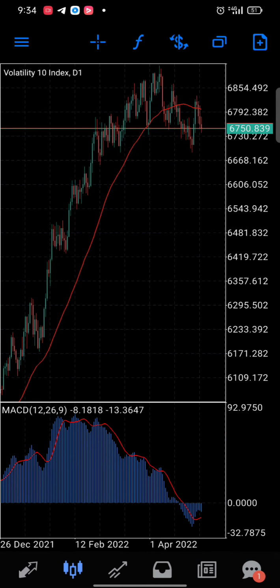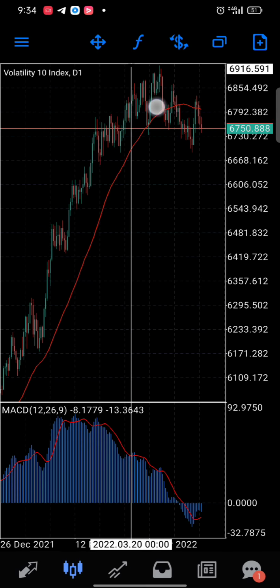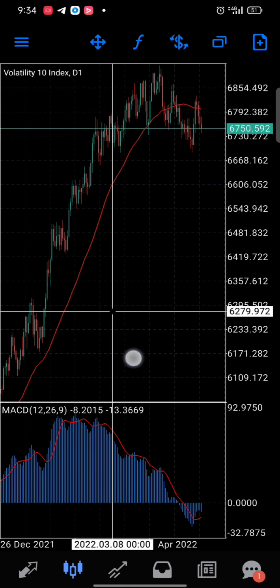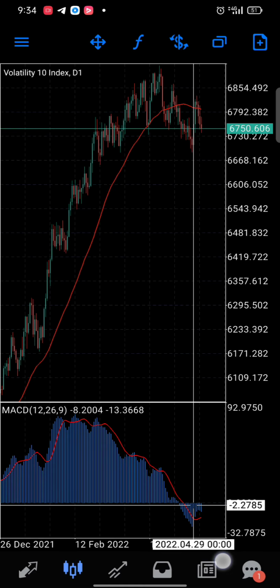Now, this is how you use this strategy. All you need to do, I will explain. Look, the first condition to watch out for is this moving average, anytime it crosses above or below the chart, and then you watch out for this MACD to be below the 0 level.